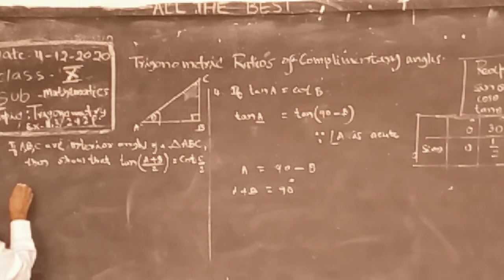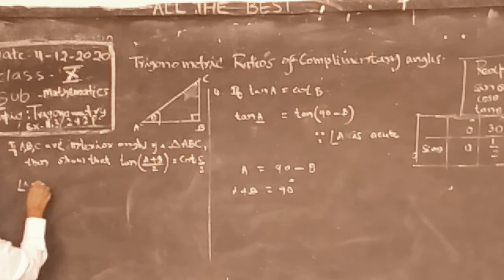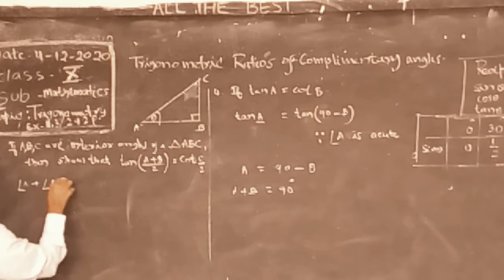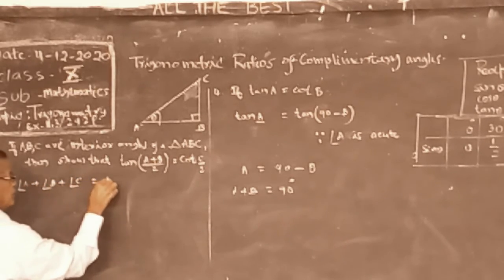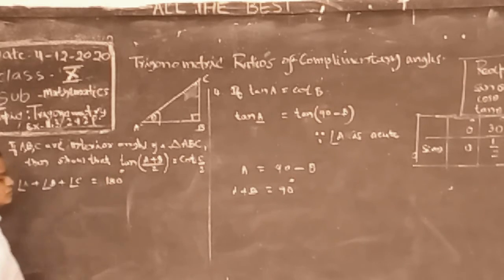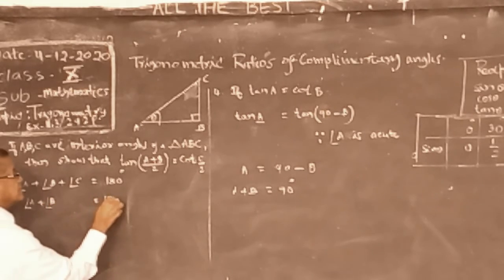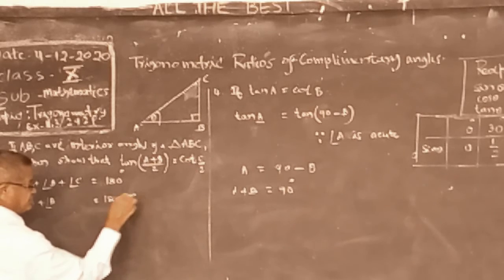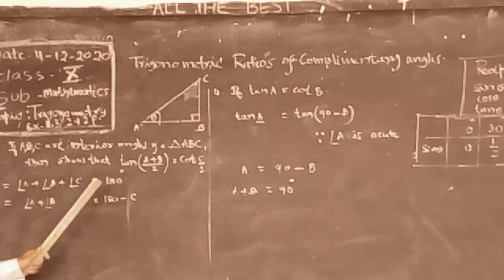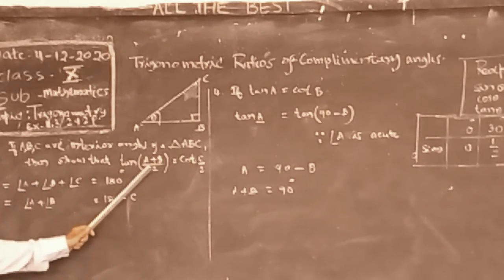Then angle A plus angle B plus angle C is equal to 180 degrees. And we know angle A plus angle B is equal to 180 minus C, because he is asking A plus B in the problem.